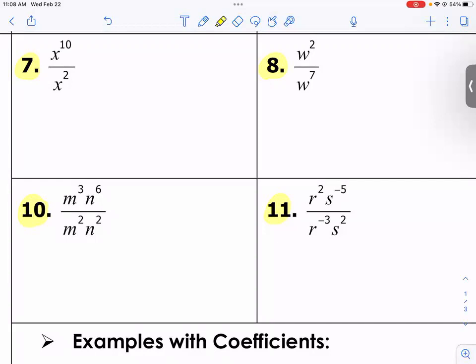Positive 7, positive 10. Negative nine. It's actually not up there, Cordell. Where's number 9? It's not up there right now.